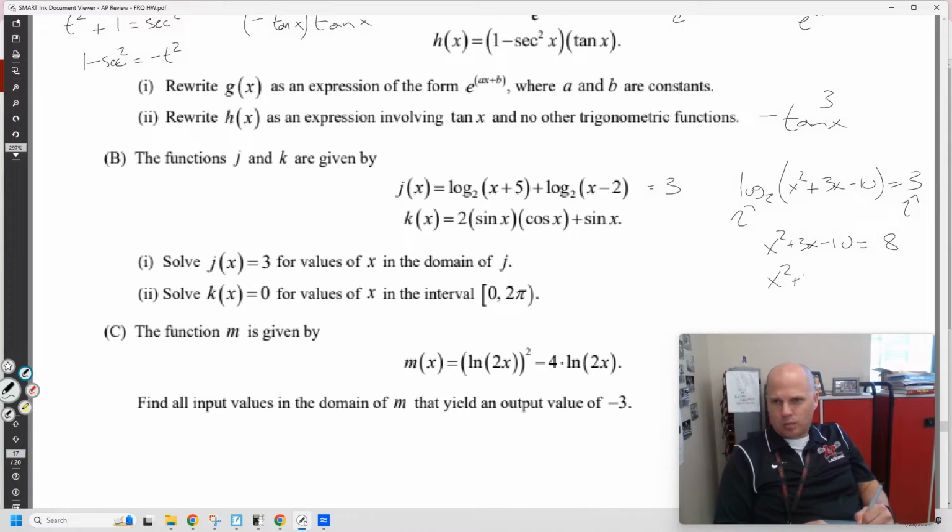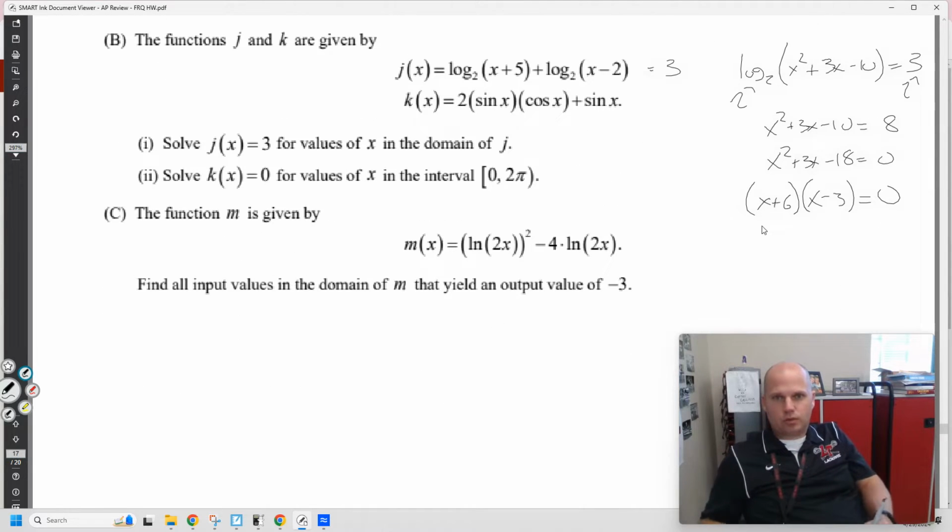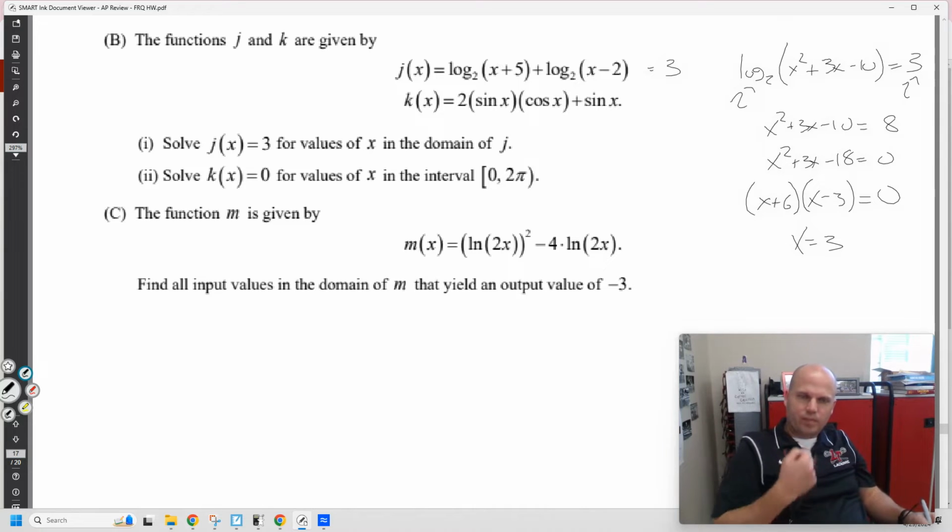Get x squared plus 3x minus 18 equals 0. Get x plus 6, x minus 3 equals 0. I get x equals negative 6. Nope. Get x equals 3. I can check. Log base 2 of 1 is 0. Log base 2 of 8 is 3. Works. Next.